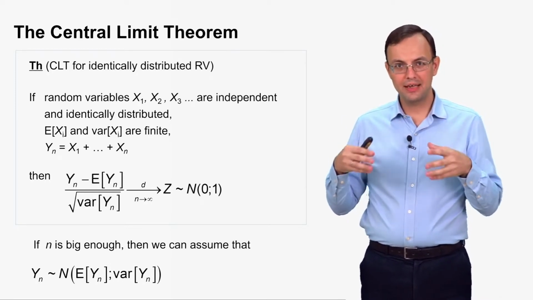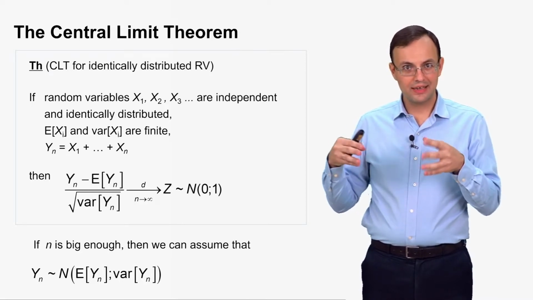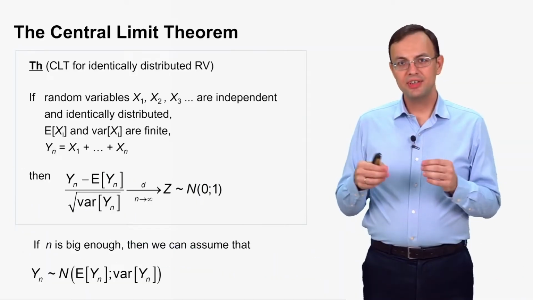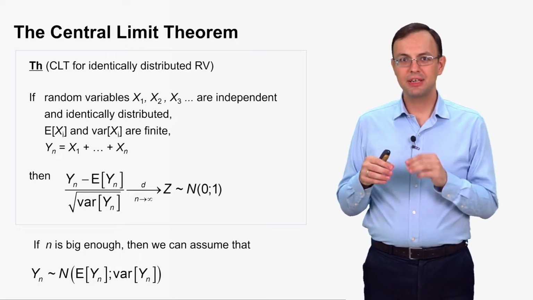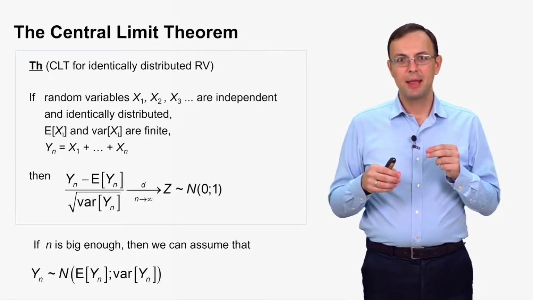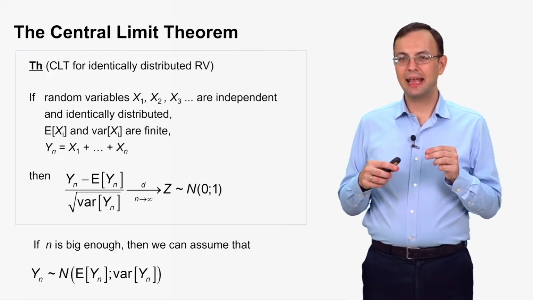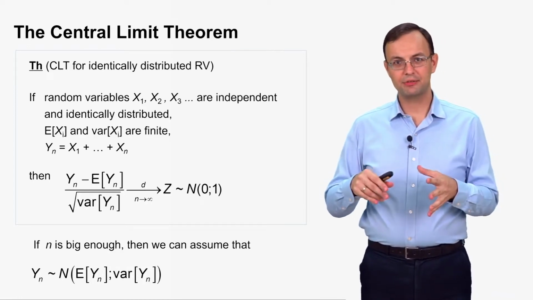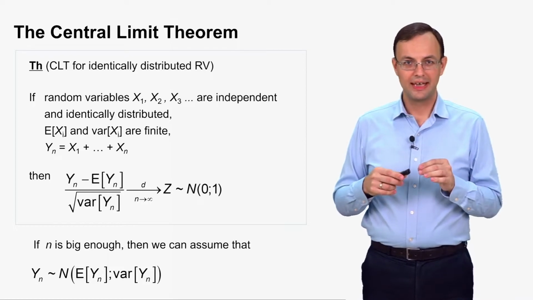So when n tends to infinity. This theorem is a very interesting one. I would say extremely interesting, because it is at the same time a mathematical theorem and a physical law.